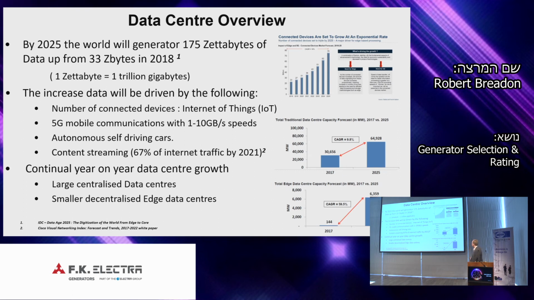Now, something else is the edge data center, and we're probably going off a wee bit here, but the edge data center is going to be closer to things like autonomous driving cars, the Internet of Things, or even your streaming, so for real-time streaming on your phone. The problem with the larger data center is that it takes longer for the information to get there.